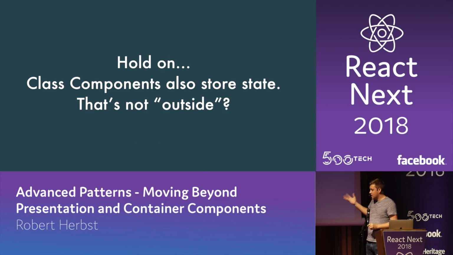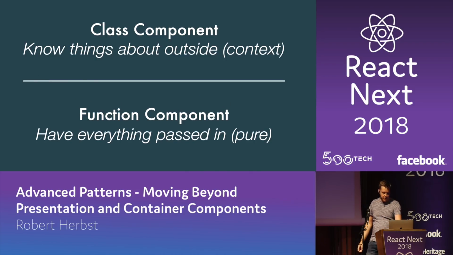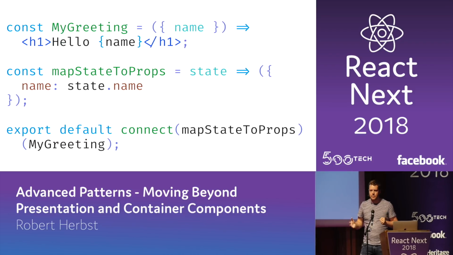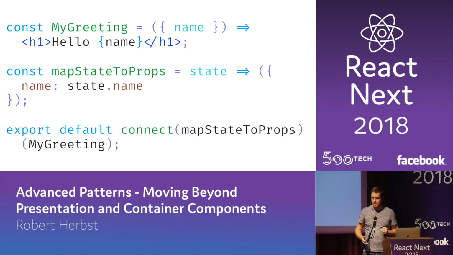Right, so I've said that class components do the wiring up to side effects and know about the context outside, but if I jump a couple of slides back, you don't see any classes here, right? And I'm assuming many of you have used Redux and have an understanding of what's going on here at the bottom. If I can just get a show of hands, who knows and understands what a higher order component is?